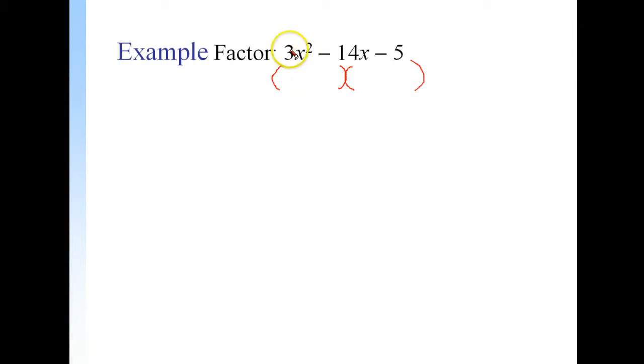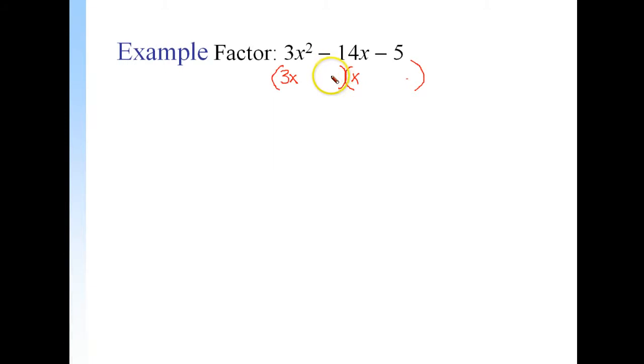Now, since 3 is prime, then we're going to put a 3x there and an x there. So we don't have to think about whether it's going to be other numbers. Since it's prime, there's only the one set. Now 5 is also prime. So where do we put the 5? Do we put the 5 here, or do we put the 5 here?